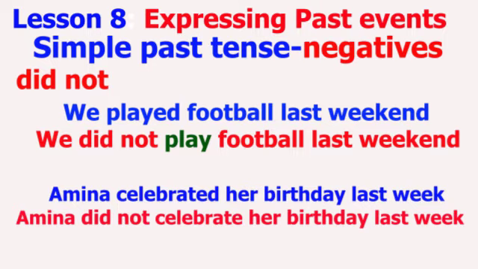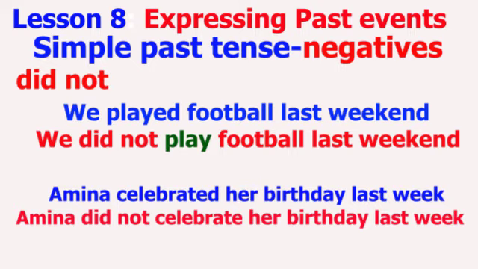Did not is enough. Did indicates that the sentence is in the past tense already, so the verb should remain on its basic form. So the correct sentence for expressing a past event in negative form is going to be Amina did not celebrate her birthday last weekend.